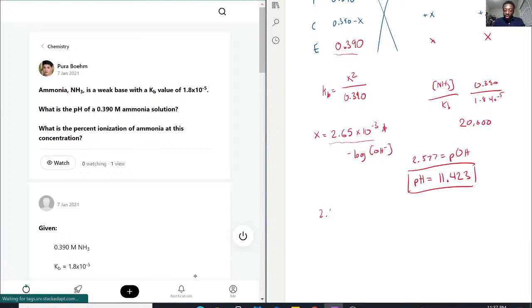So that's 2.65 times 10 to the negative 3 over 0.390 minus the 2.65 times 10 to the negative 3. And you'll see what I mean by negligible. 0.390 minus that, we get 0.387. So overall, there was not really much of a change.